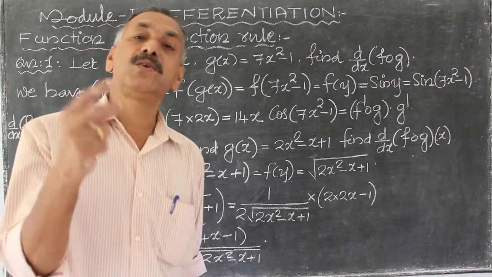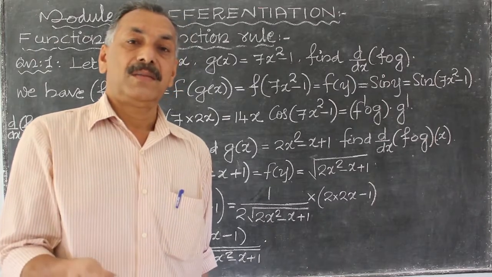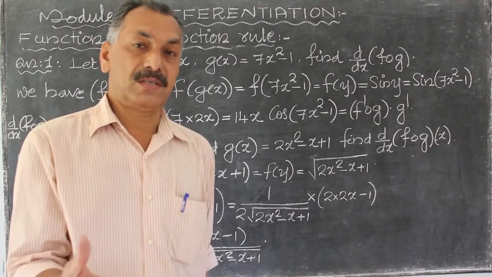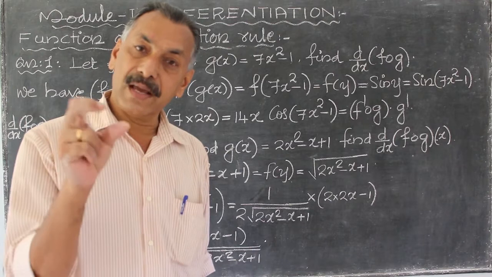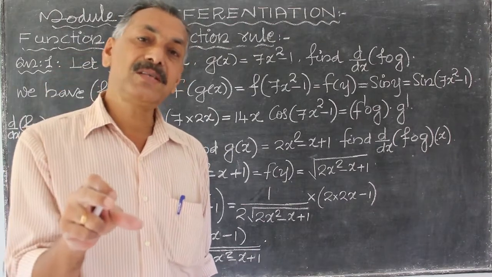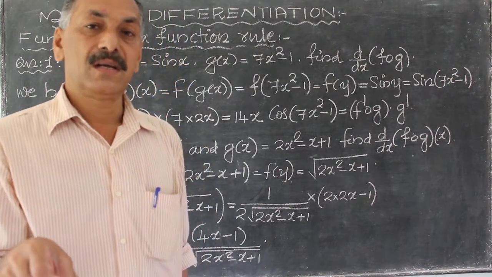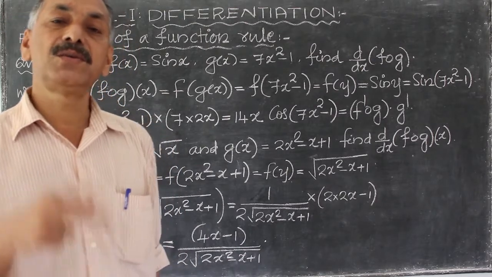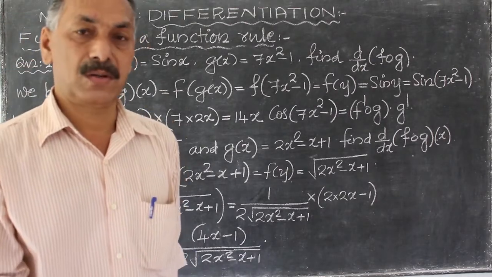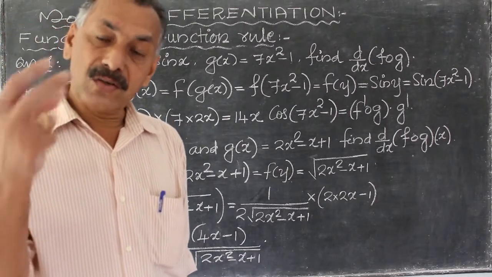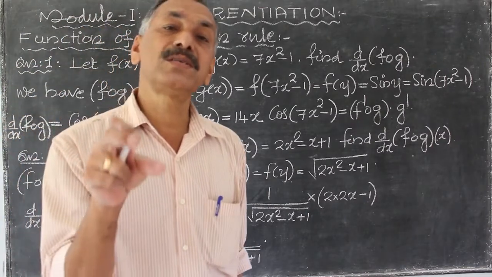Sometimes the function may be given in this form. f of x and g of x are given. Then find the derivative of f dot g. If the problem is in that sense, then first you have to find f dot g. Then find the derivative of f dot g using the function of a function rule. Function of a function rule means it is the composite of two functions.